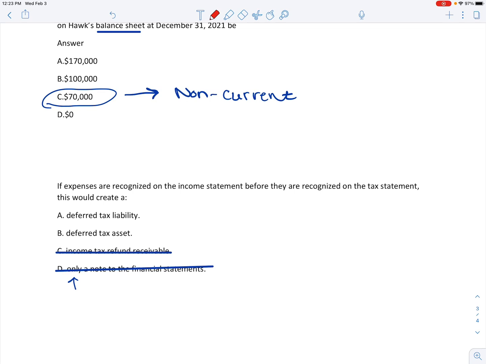Here, if the expenses are recognized on the income statement, that means on my tax statement my profit is going to be higher, and on my income statement my profit would be lower.